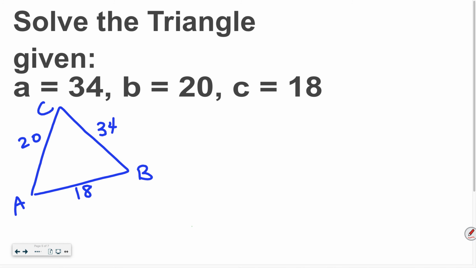Now, we have all three sides. So first of all, since we have side, side, side, we know that we can use the law of cosines to solve our triangle. And much like before, as long as we find it once and then move on, we can switch. But we have to start with the law of cosines. Knowing what we do from our last example, if we want to make the switch to the law of sines, what angle would we maybe want to find first using the law of cosines?